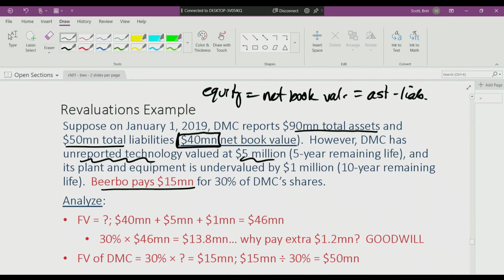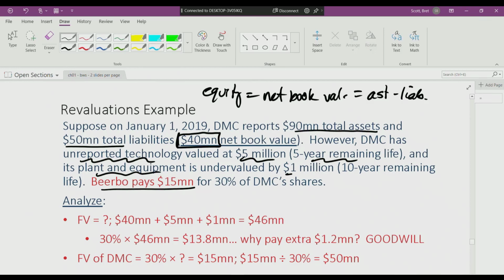This technology has maybe a 5-year remaining life, and then everyone else will figure it out and it'll be basically freeware, open software. But DMC also has some specialized plant and equipment that is undervalued by $1 million.